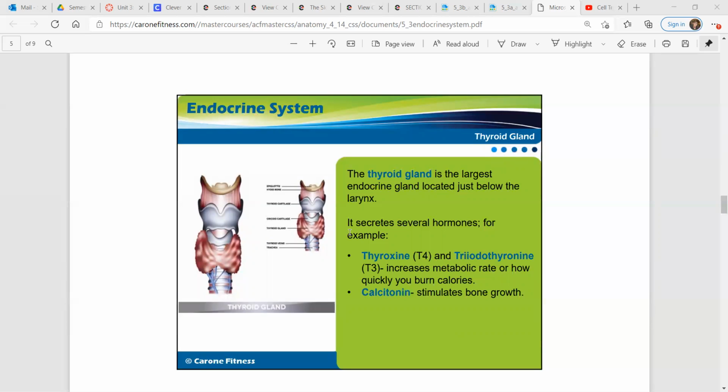And those increase metabolic rate, or how quickly you are actually burning calories. And then we have calcitonin, and that stimulates bone growth. So think of calcium, calcitonin related to bone growth.